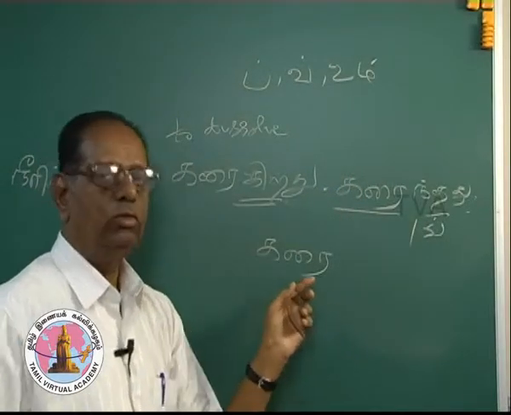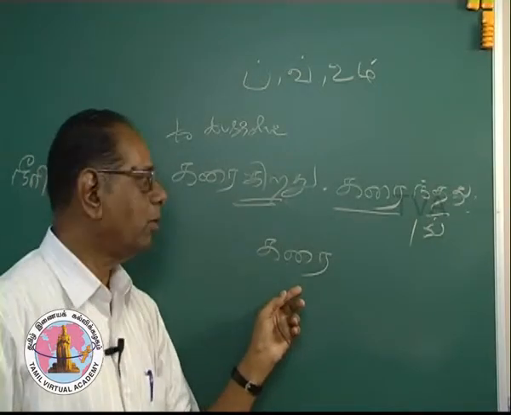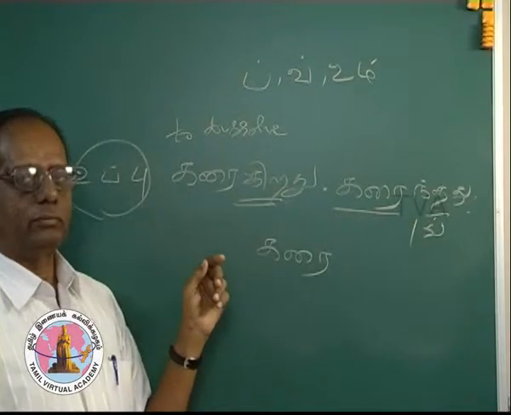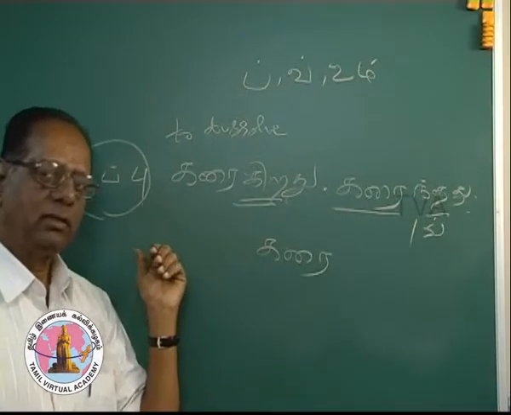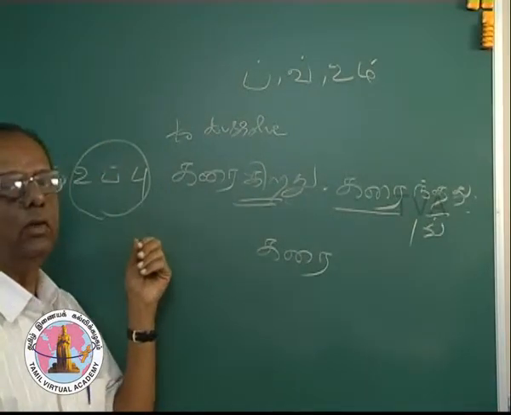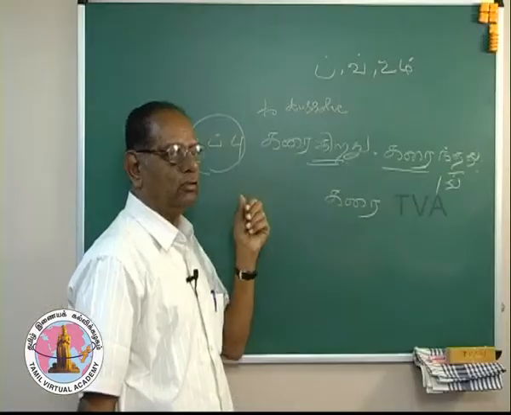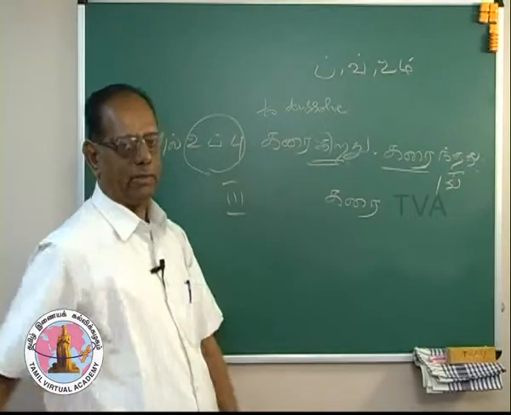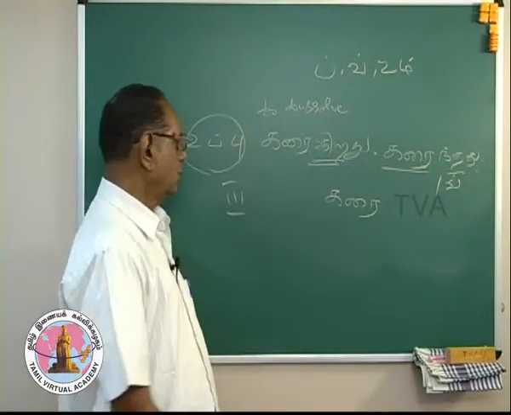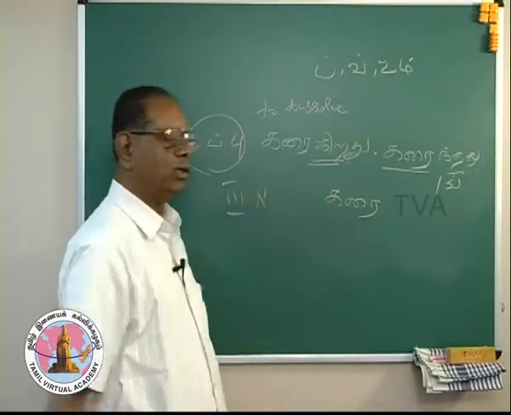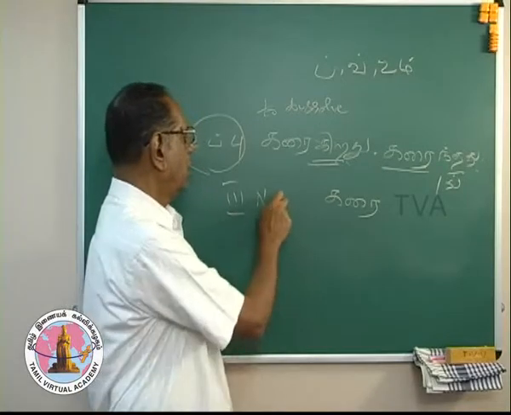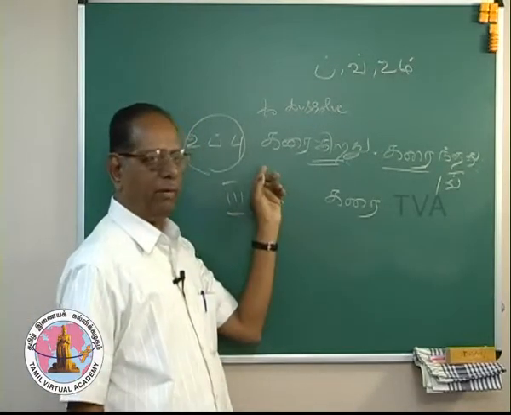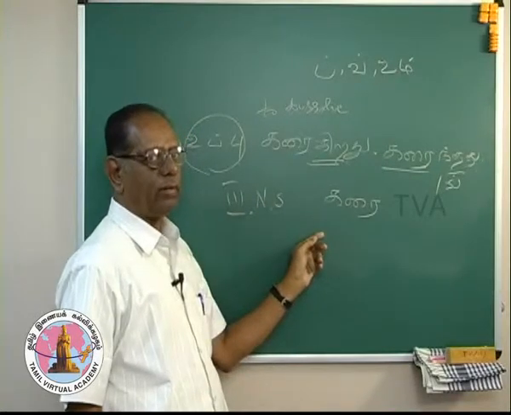Now you have to think about the subject. What is the subject? Uppu. Uppu is salt. So it is third person, neuter gender, and singular. Third person, neuter gender, singular.